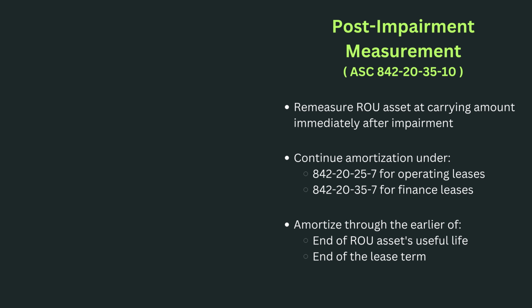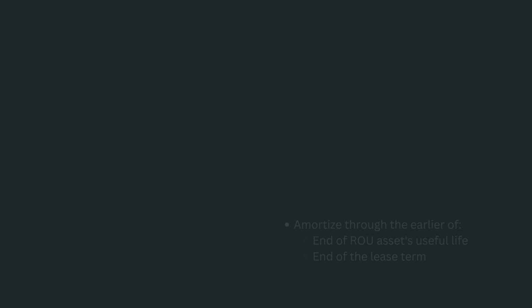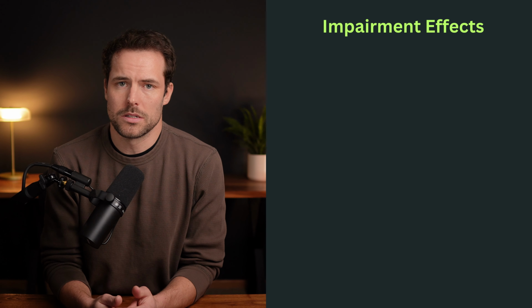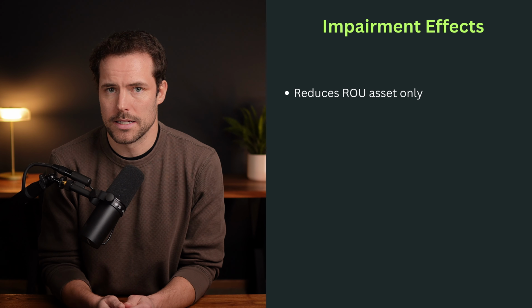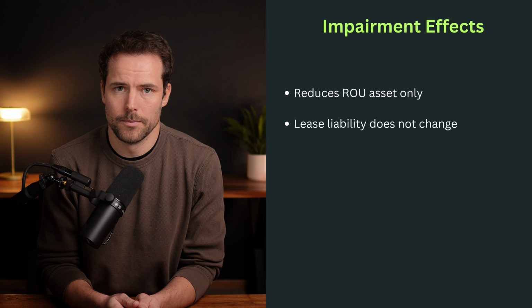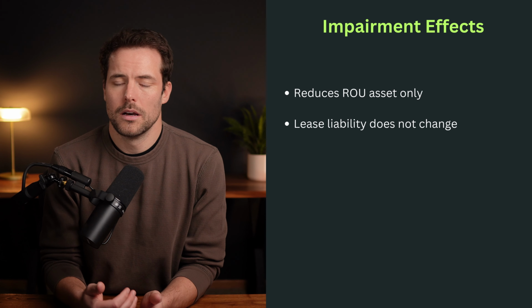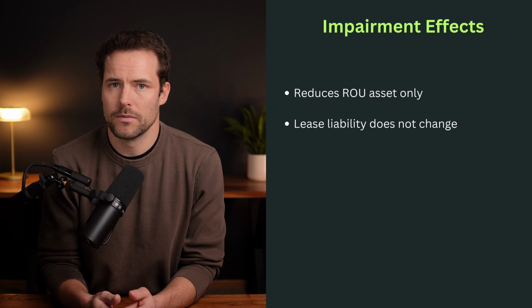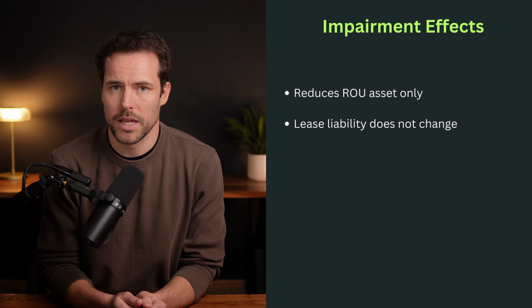So one thing you'll immediately notice is that impairments are much simpler than remeasurements or modifications. Impairments focus solely on the right-of-use asset, not the lease liability. And this makes sense. Under US GAAP, an asset represents a present right of an entity to an economic benefit.